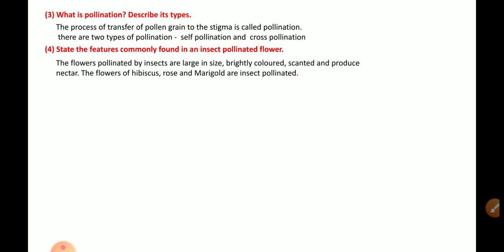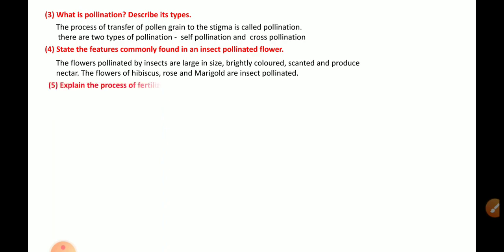The flowers of hibiscus, rose and marigold are insect-pollinated. So the main features of flowers pollinated by insects are large size, bright color and production of nectar, and examples are hibiscus, rose and marigold.